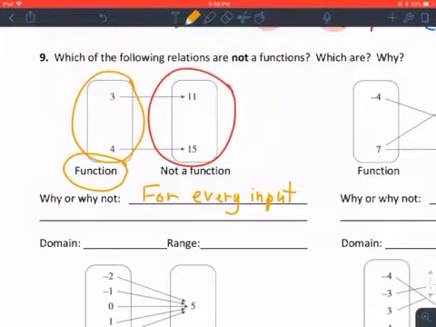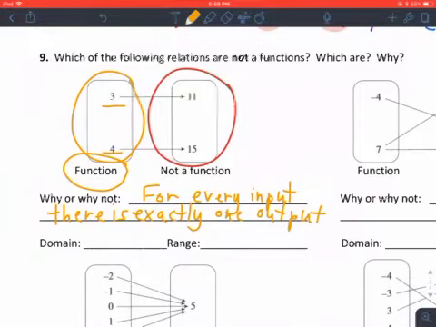Okay, so for every input, for number 3 and 4, there is exactly one output. So each one of those numbers 3 and 4 are paired with just one number.